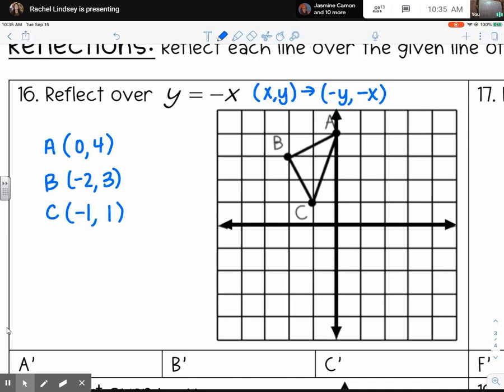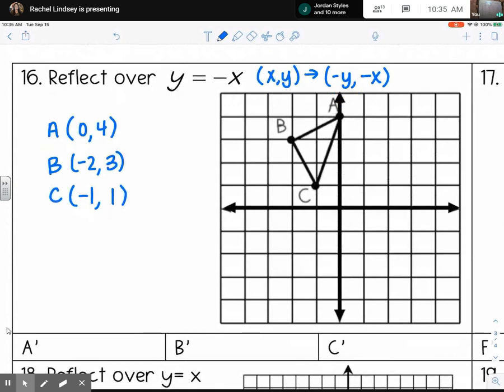So, looking at A, where's A prime going to be? Negative 4, 0. I switched their positions and changed both signs. So A prime is at (negative 4, 0).